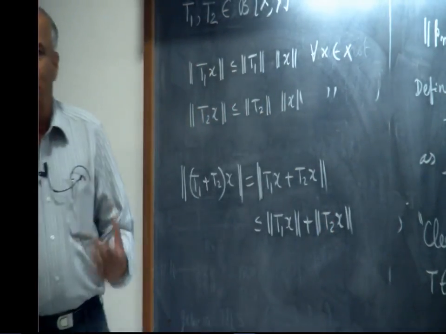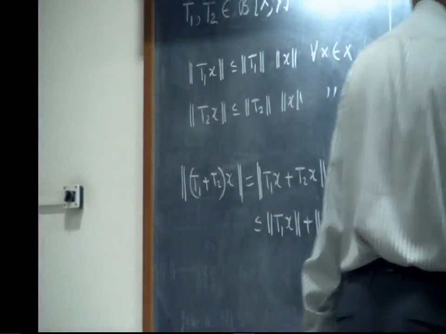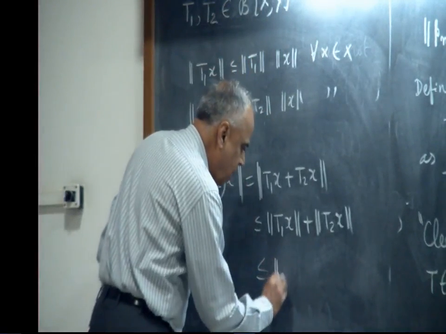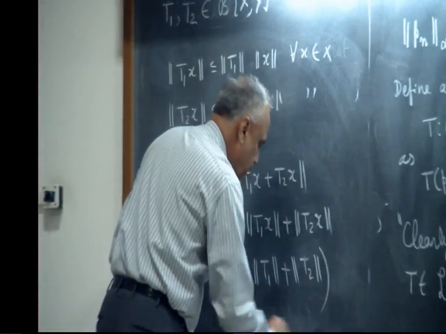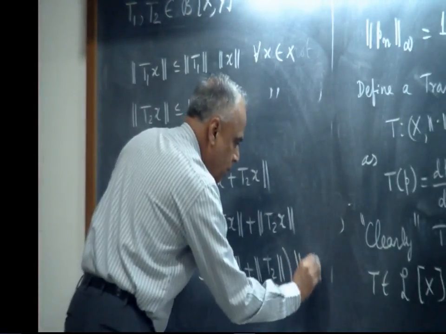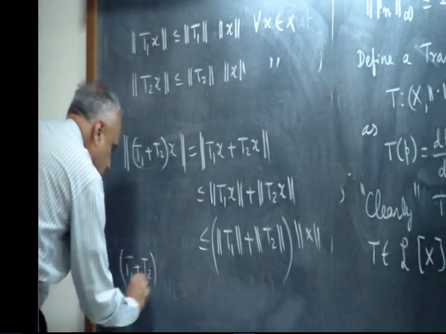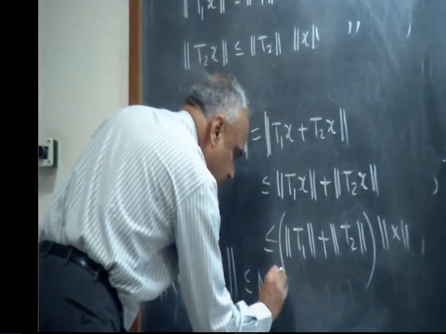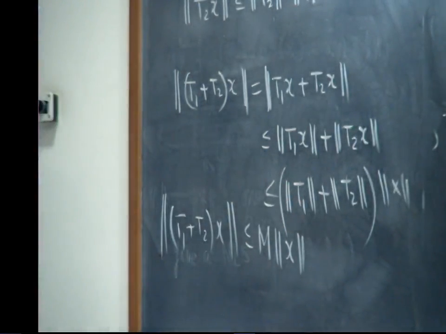It is simply the triangle inequality for the norm in the space Y. But now I have norm of T1x is this, norm of T2x is this. So the norm of (T1 plus T2)x is less than or equal to some M times norm x, where M is norm T1 plus norm T2.